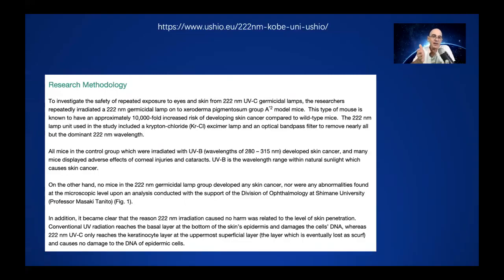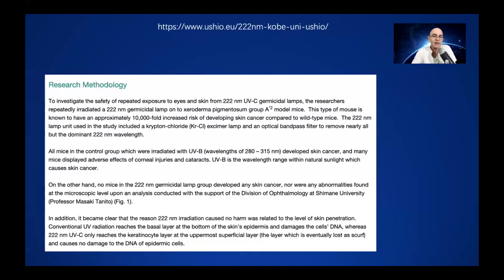With these mice, no mice in the 222 nanometer germicidal lamp group developed skin cancer. Just repeating, none of them. Nor were there any abnormalities found at the microscopic level upon further analysis. And so it became clear that the reason 222 nanometer radiation caused no harm was related to the level of skin penetration.